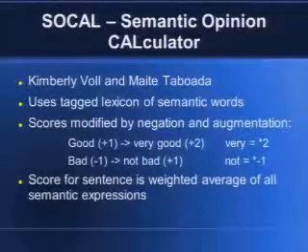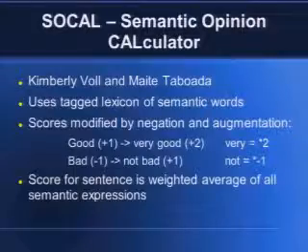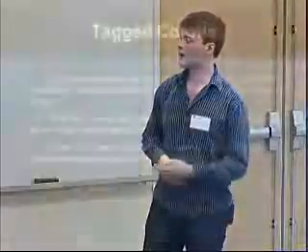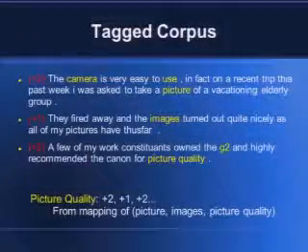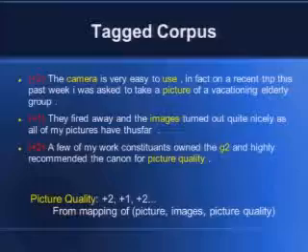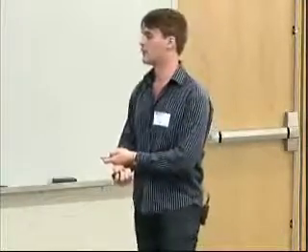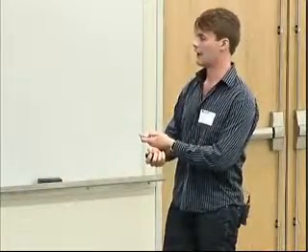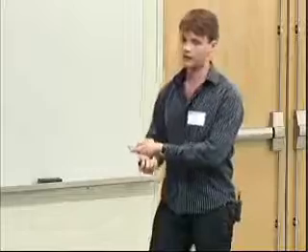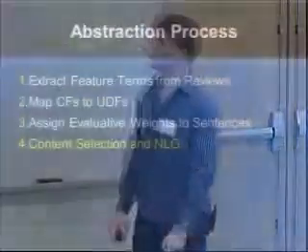And then the score for a sentence is a weighted average of all the semantic expressions in the sentence. So now for a sentence, we have all the features in that sentence and a score between +3 and -3. And using the mapping that we determined, we can get a score for the overall user-defined feature. So for example, for picture quality, we have the mapping of picture quality, images, and picture. So we have all these 3 scores from these sentences.